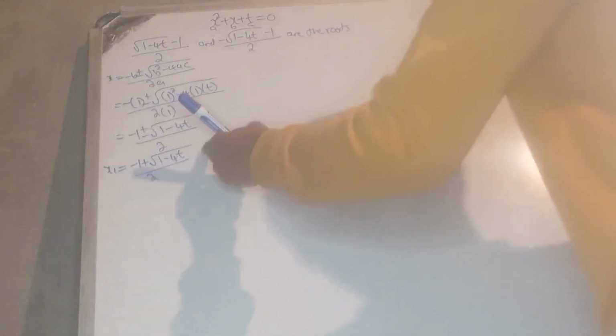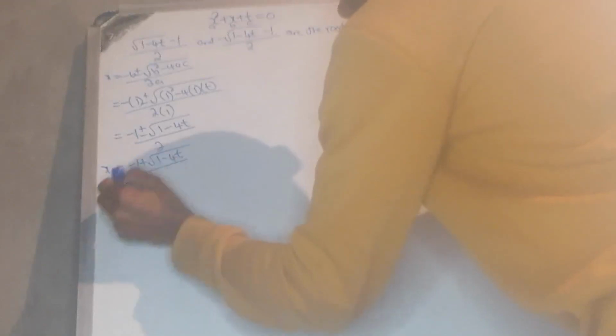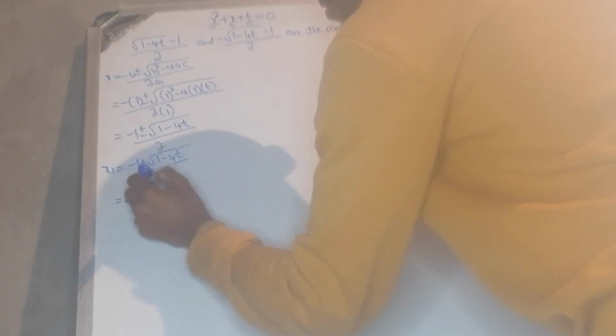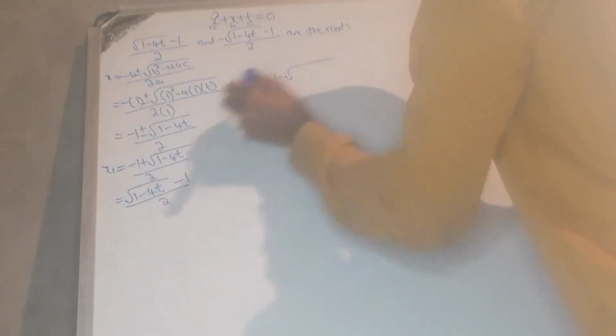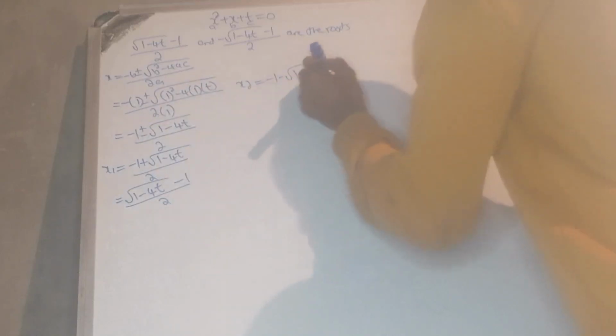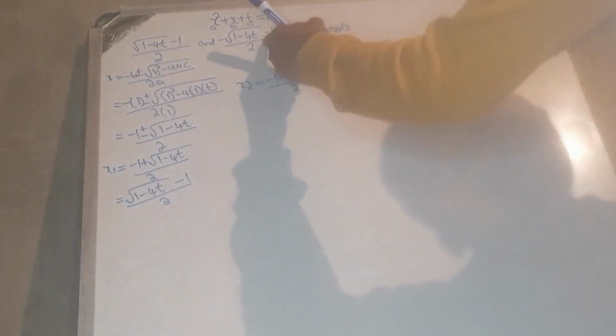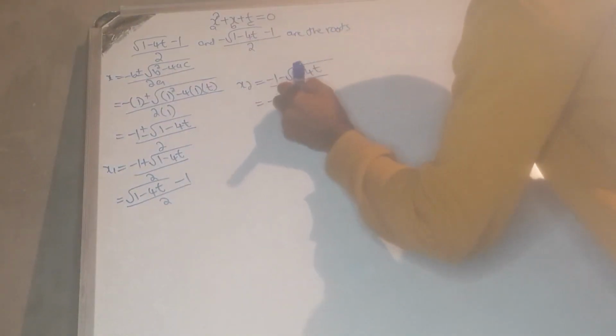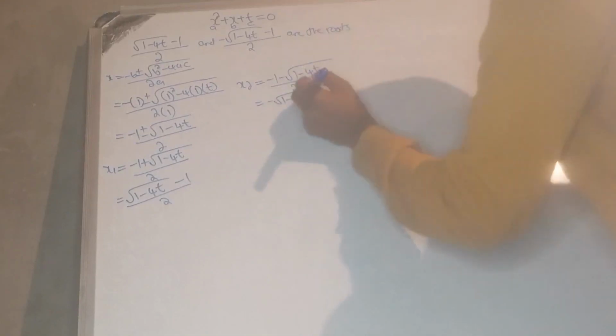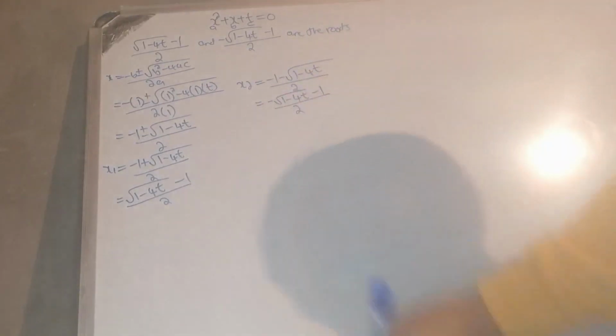If I want to write it like that, I must take this to this side. So I will have the square root of 1 minus 4t minus 1 over 2 for the first one. And for the second x, I will say minus 1 minus the square root of 1 minus 4t over 2. In writing it like this, I can start with the square root of 1 minus 4t, take this to the other side, minus 1 all over 2.